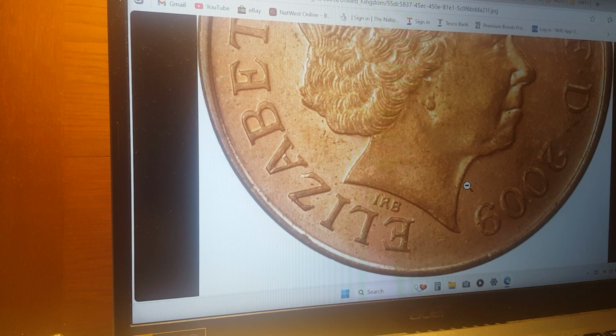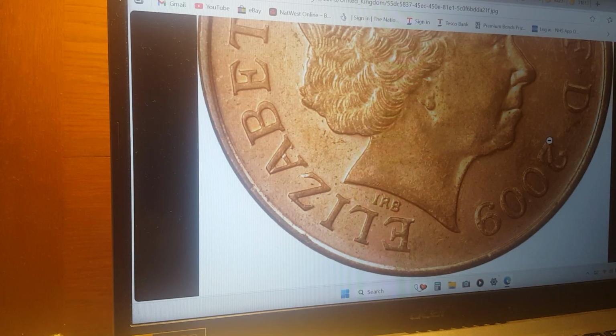And this 9's got a ball at the end, and it's also got that. Now, I said to you that the 2009, I believe it was the 2009, the 2009 2p was the worst coin ever to have blobs. Trust me, it's true.